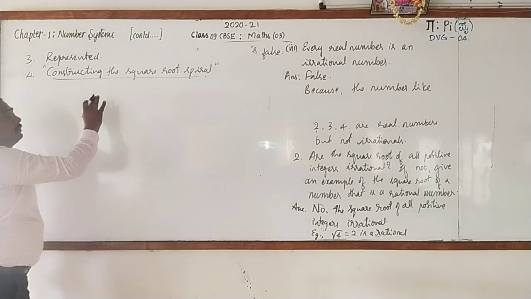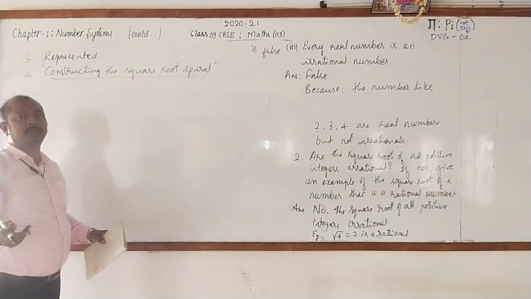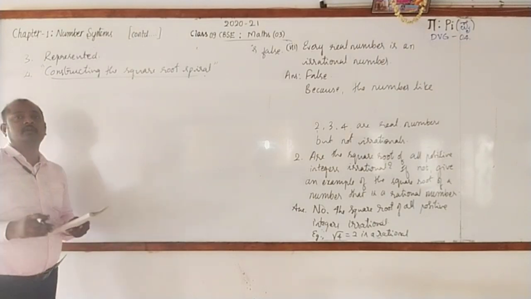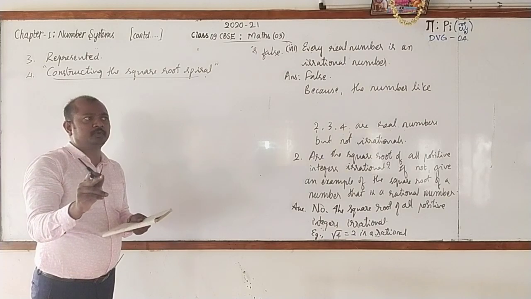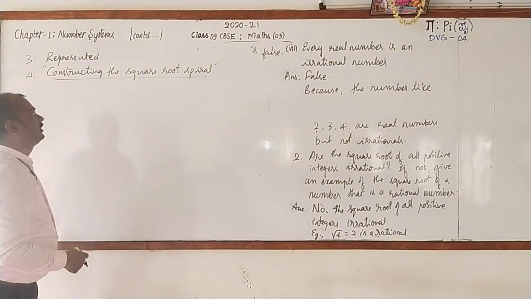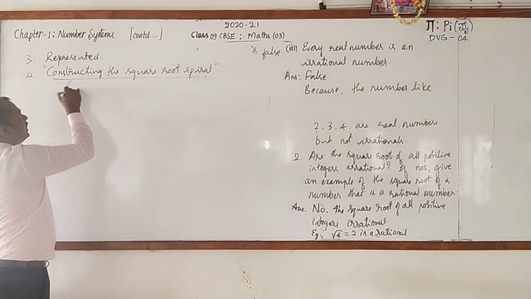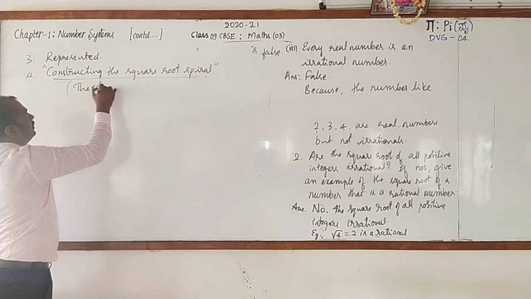That is about Theodorus. So you have to take a sheet of paper and go for constructing or locating up to root 17. Definitely you will get exactly a spiral. In bracket I will write Theodorus.